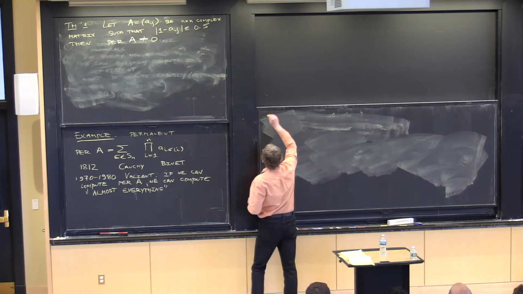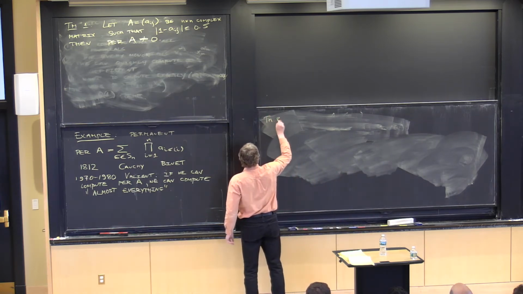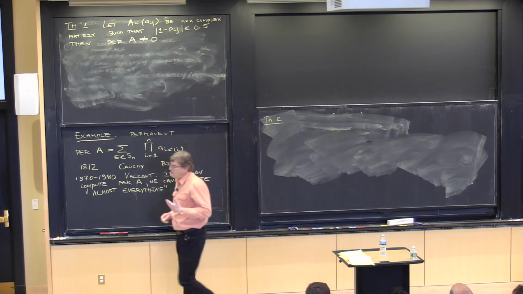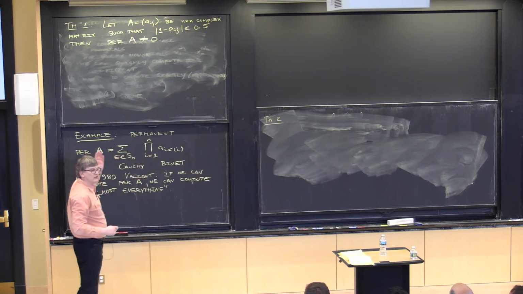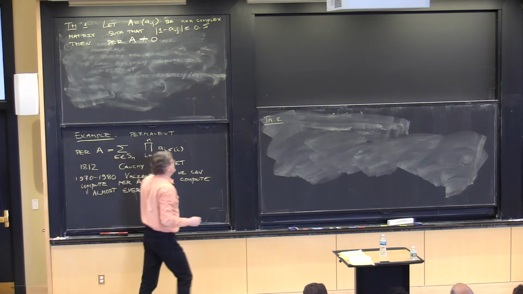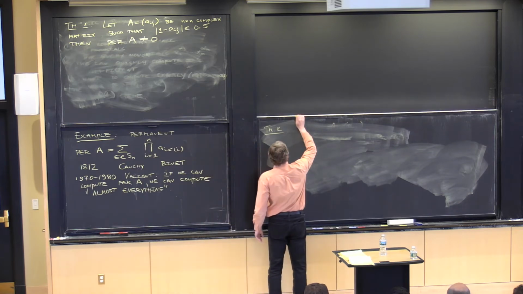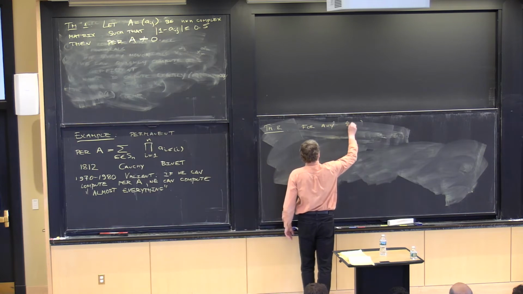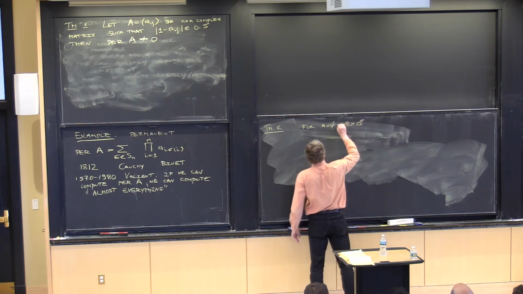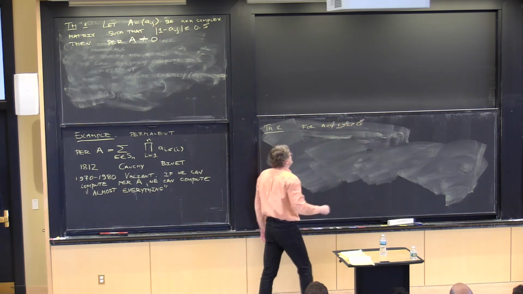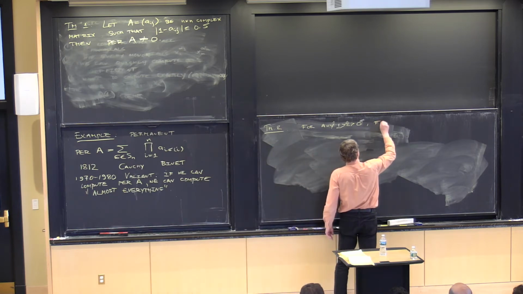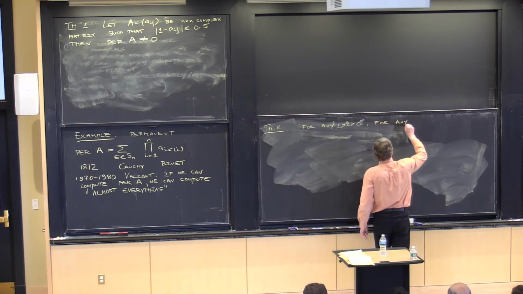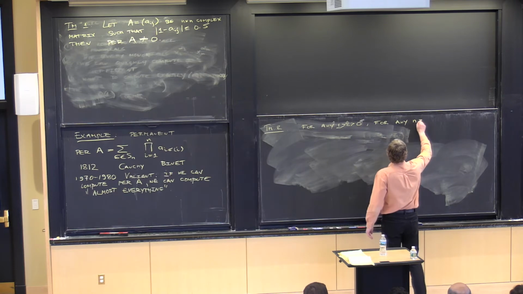Theorem 2, which will appear as an immediate corollary of Theorem 1. So for any epsilon greater than 0, well, let's make it less than 1, for any n integer, right?